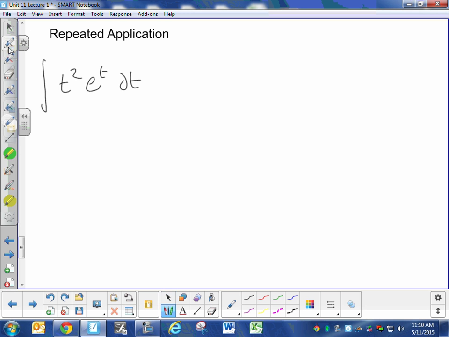Okay, using our rules, what do we pick as u, Miss Lorea? No, that's the exponentials. That goes last. So instead of that, what do we pick? t squared. That means dv would be e to the t dt. Miss Lorea, what's the derivative of t squared? What would be du?